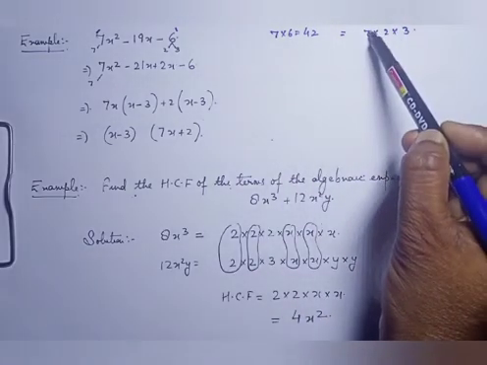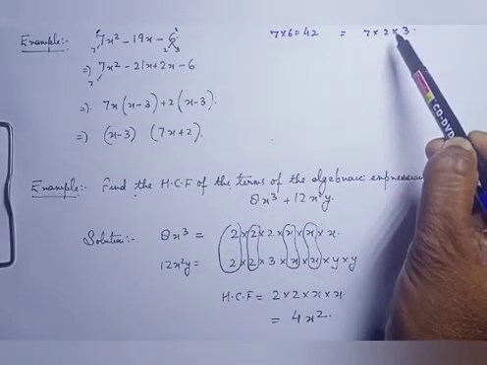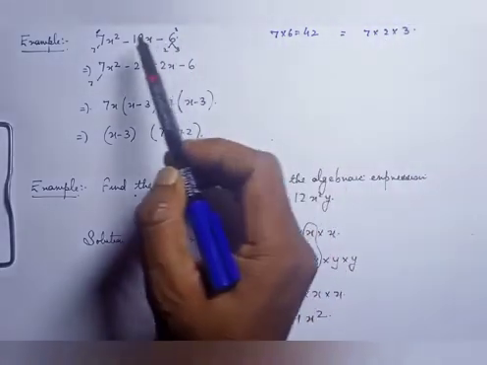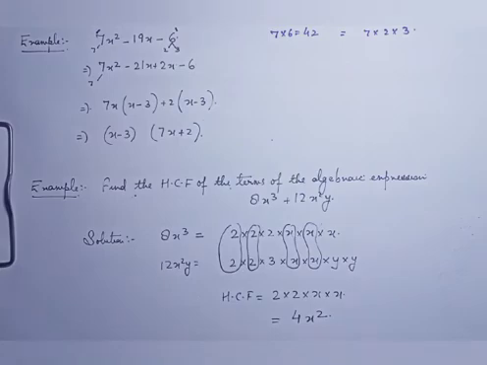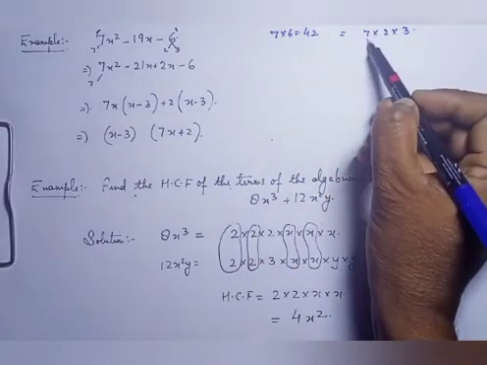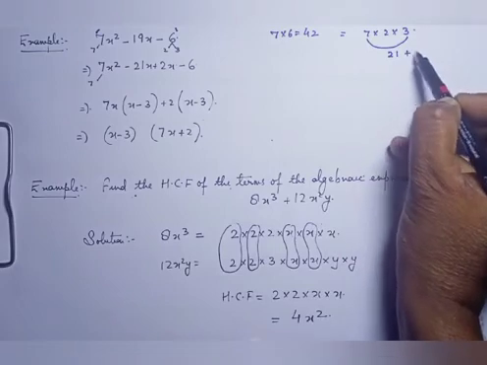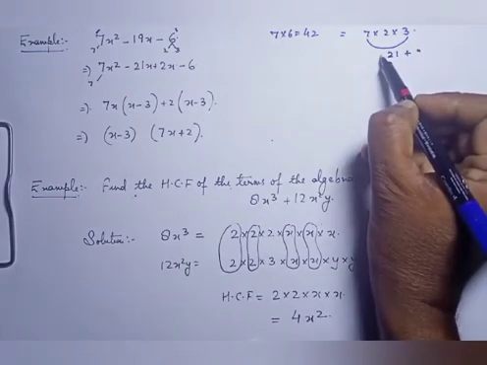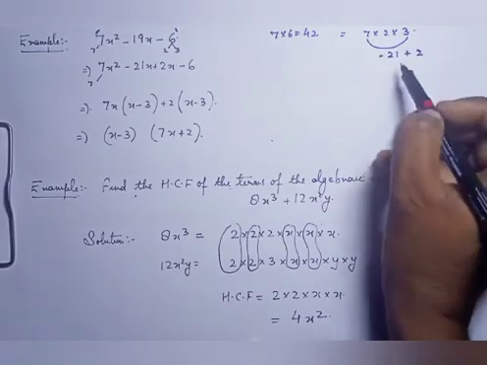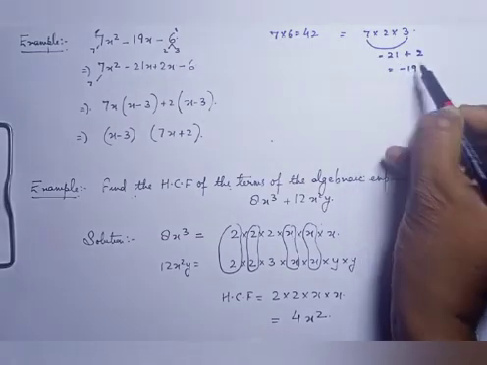Now we are going to arrange these three numbers in such a way that their sum is equal to minus 19. So 7 threes are 21, minus 21 plus 2 makes minus 19.